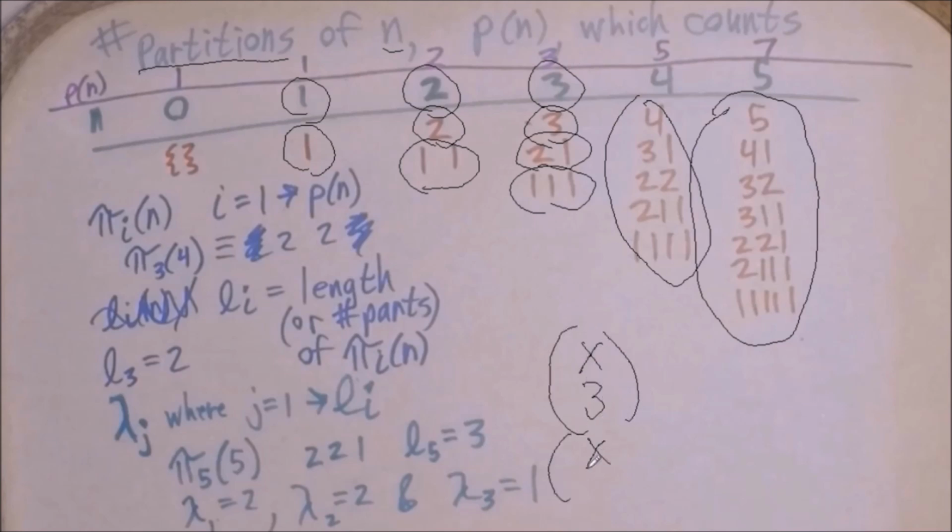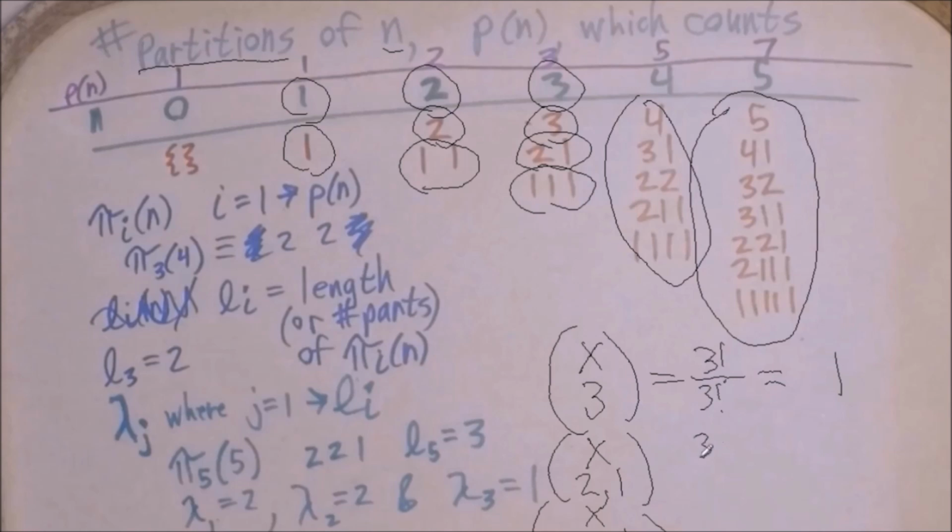The number of partitions of 5, take p of 5, is 7. There are 7 ways to have a unique set of numbers less than or equal to 5 that sum to 5.